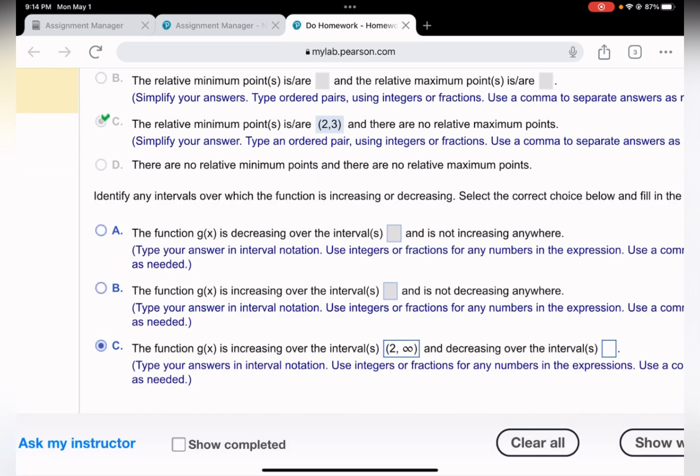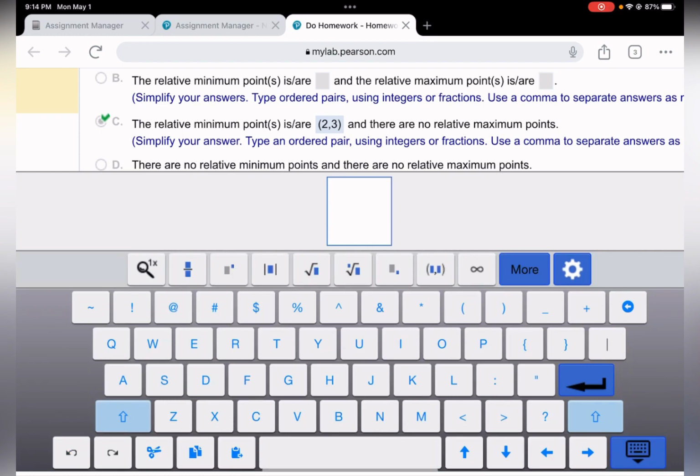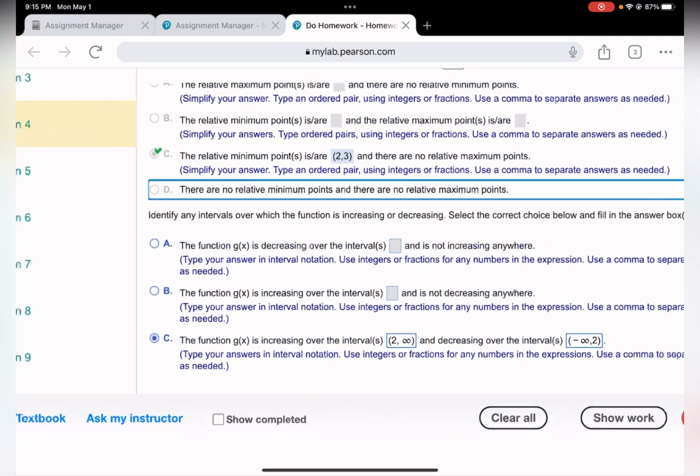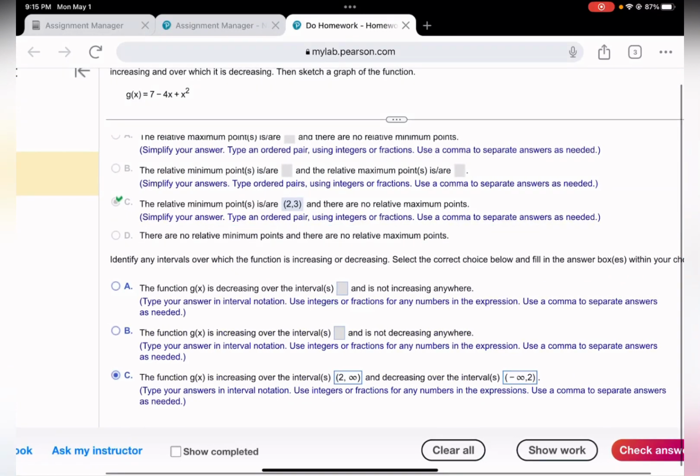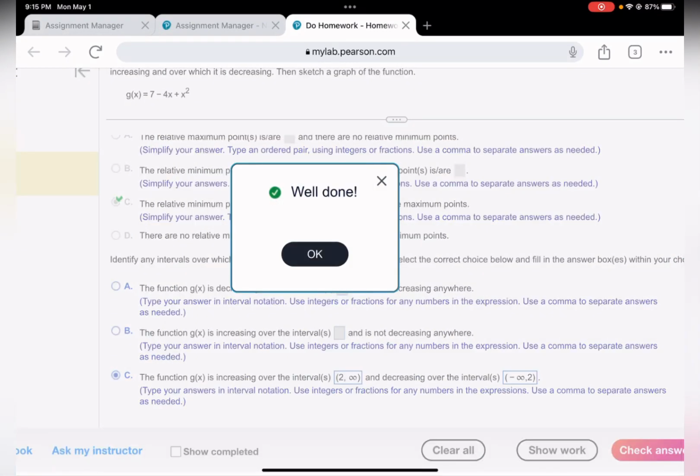And decreasing over negative infinity and 2. Okay? And checking the answer. Well done.